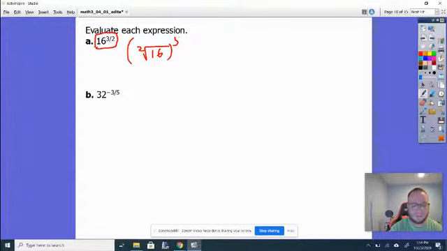Square root of 16 is 4. Cubing that, again, positive or negative because of the square root. Cubing that, it's still going to stay positive or negative, because if I cube something, it keeps that positive or negative sign. I'm going to get 64, positive or negative.